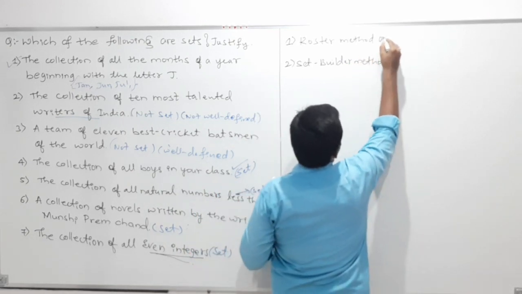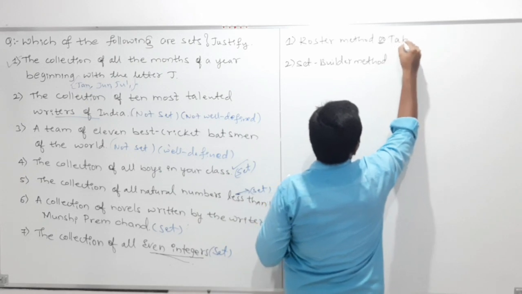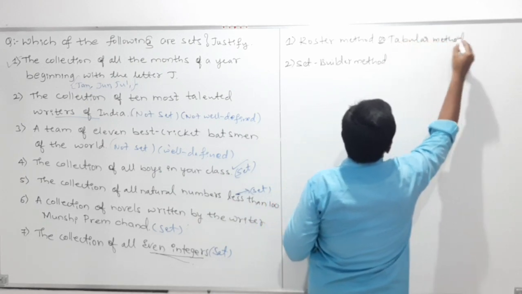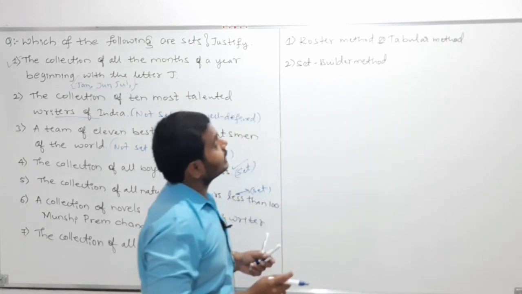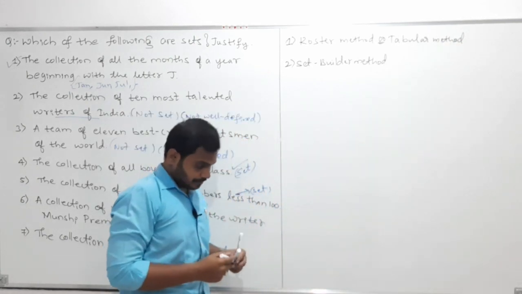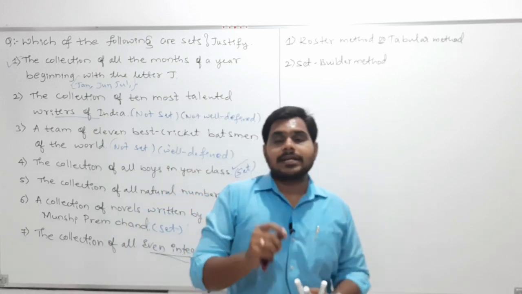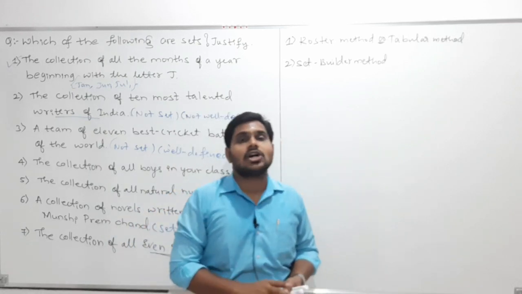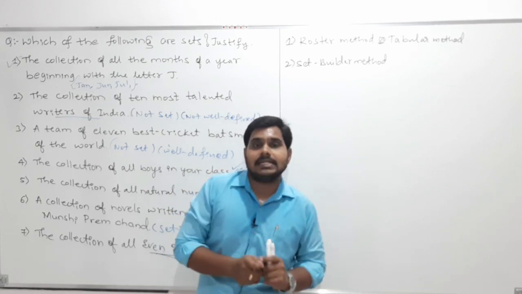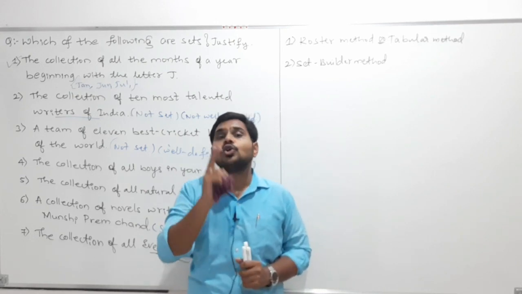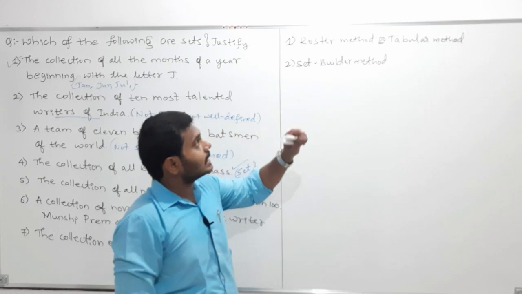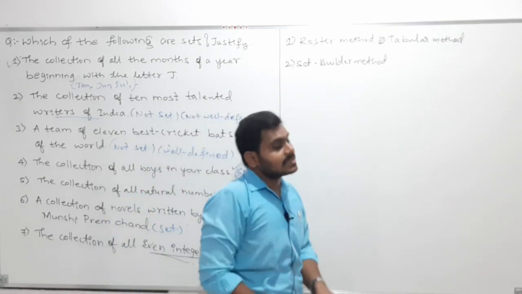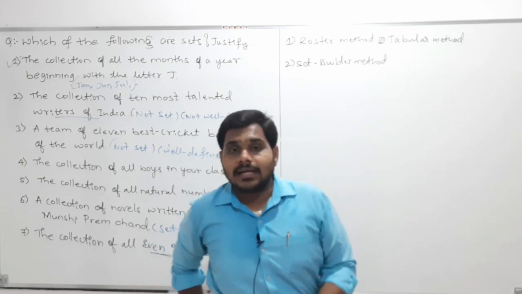Roster method you can also call tabular method, and another one is set builder form. My dear students, set means what? Set means a collection of well-defined distinct objects. To represent a set, we have mainly 2 methods. First one is roster method or tabular method, and second one is set builder method.